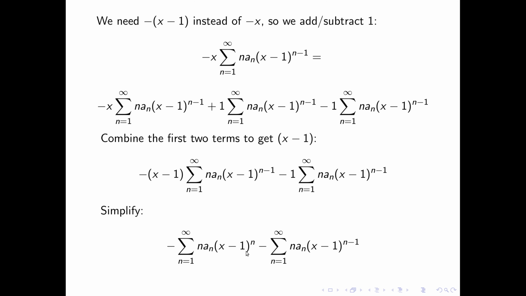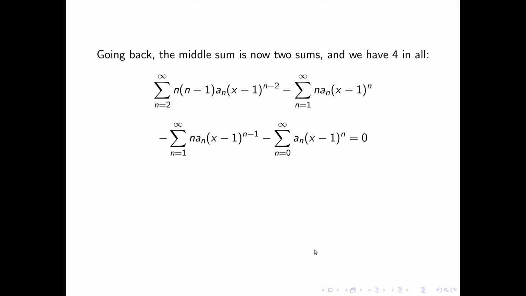Okay, so now we're going to bring these two terms back into our other sum, and so instead of having three terms we now have four. Okay, so this was our second derivative, right? And then these two terms here were the two terms that I just created, right? And this was our minus y here. Okay, good. And now we're all set.